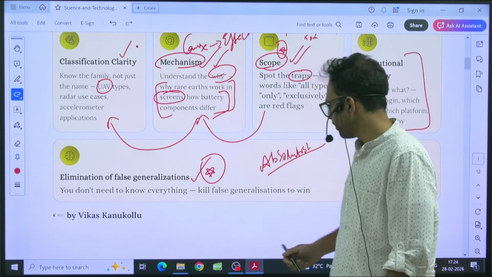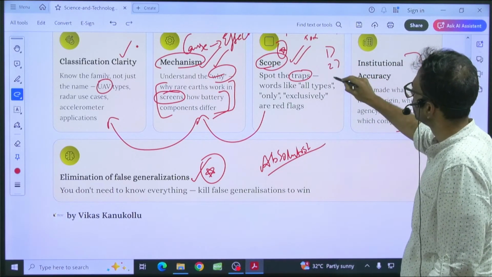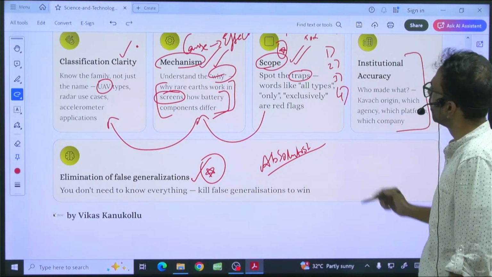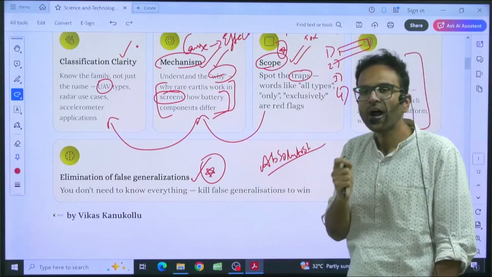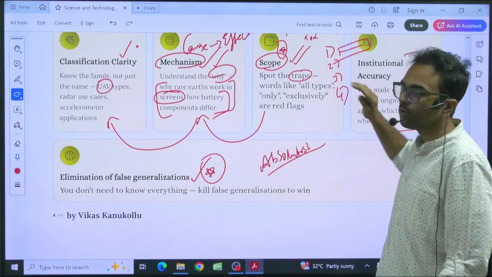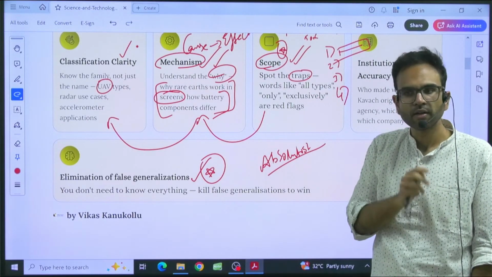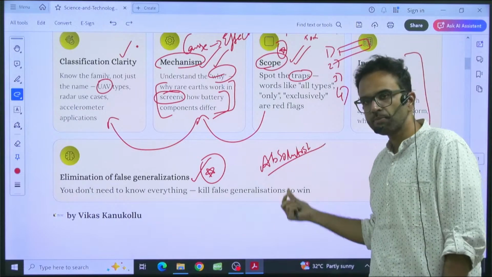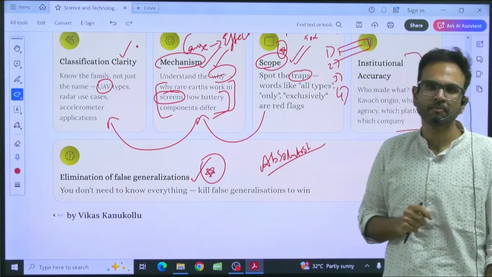In short, if you have multiple statements, statement 1, 2, 3, 4, you simply have to know what mechanism UPSC can use to make the statement false. If you can catch that logic, the science and technology part will be very easy.